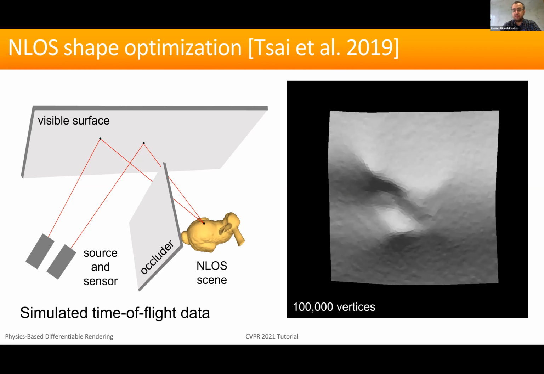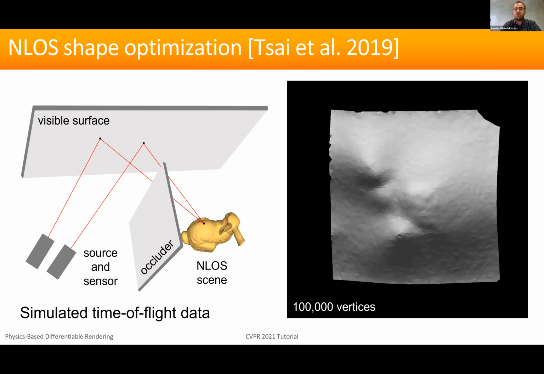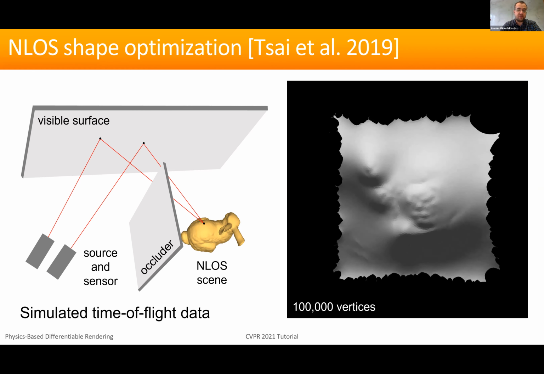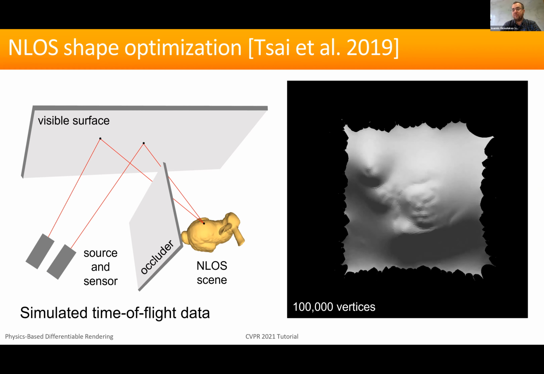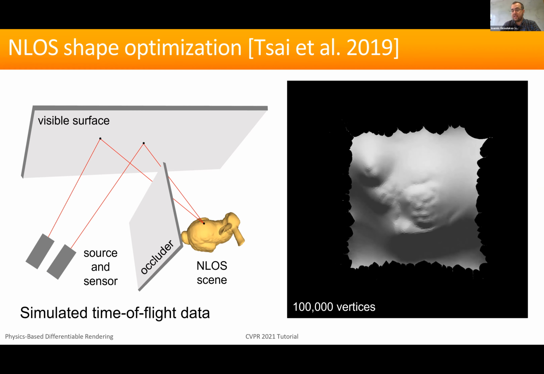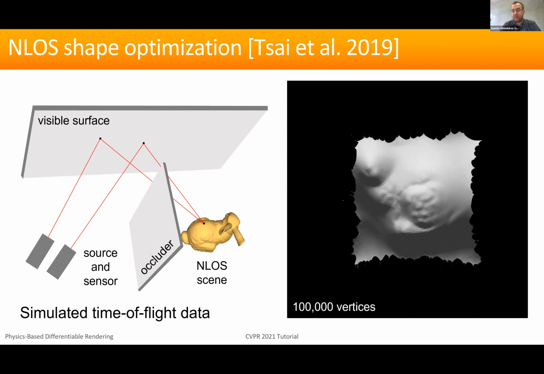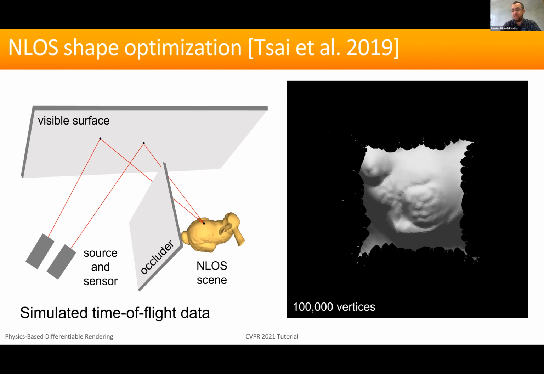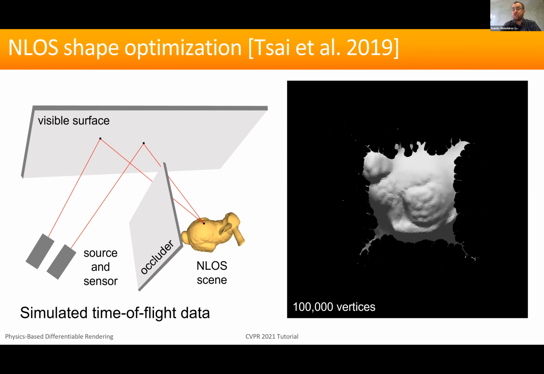Now, a lot of the things that Xuang mentioned earlier about shape and SVBRDF reconstruction in the line of sight also apply here. The ray tracing-based differentiable rendering in this case only takes about 5% of the total processing time. And a lot of the computational cost comes from the geometric operations we need to perform in order for the evolving mesh to remain free from self-intersections and have a reasonable topology and so on.